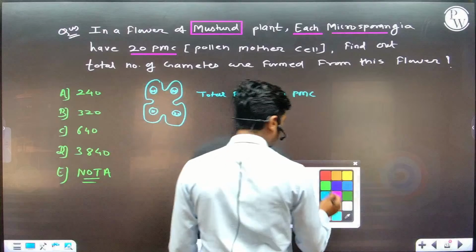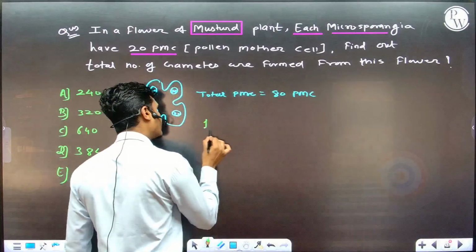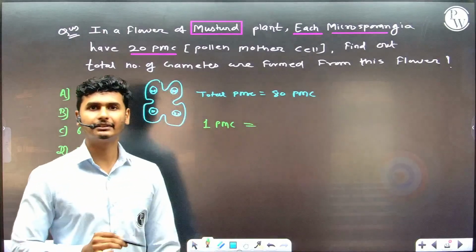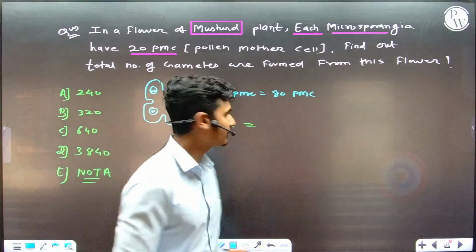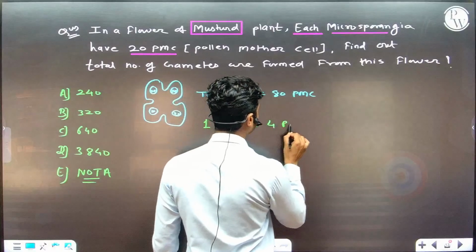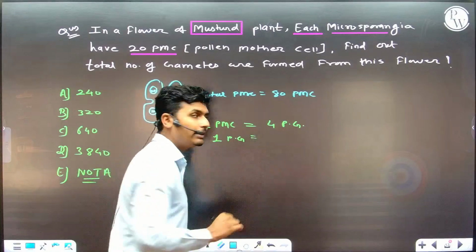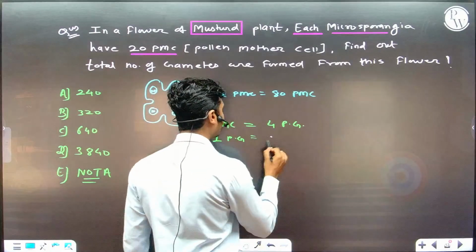Now from 1 PMC, how many pollen grains are formed? 4 pollen grains. And from 1 pollen grain, how many male gametes are going to form? 2 male gametes.